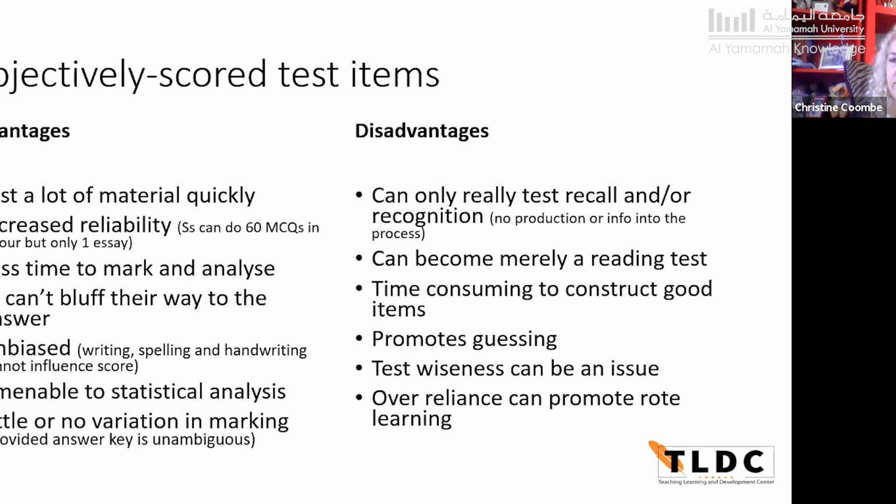Another test wiseness strategy as well, if you don't know the correct answer of an MCQ, choose C. Oftentimes this works as well because when teachers write items, statistically, teachers avoid putting the correct answer in their own MCQs in the A position.